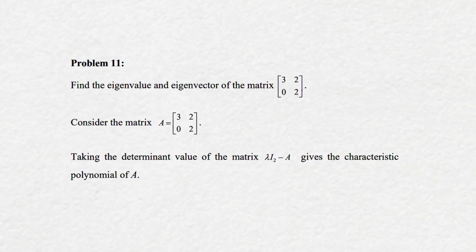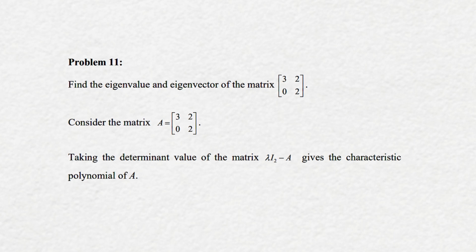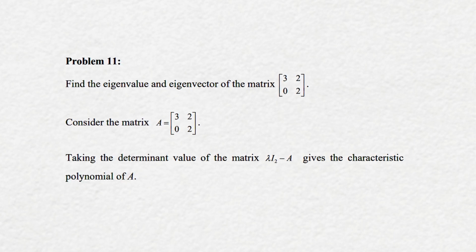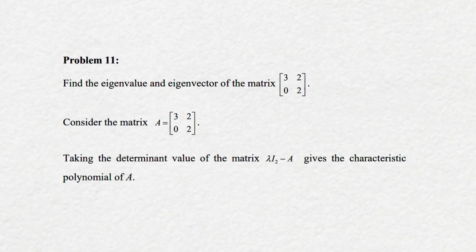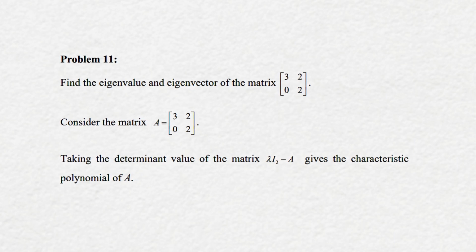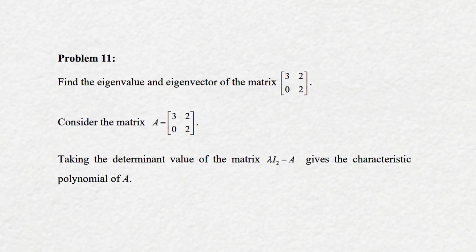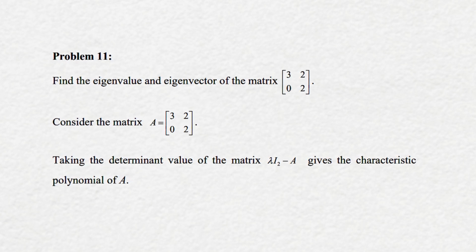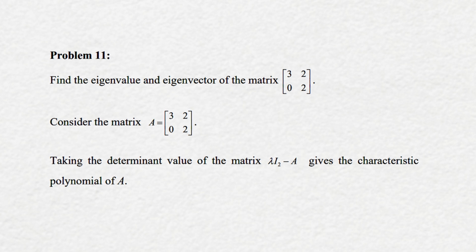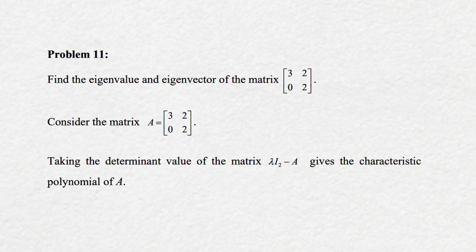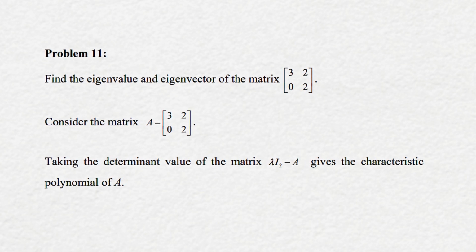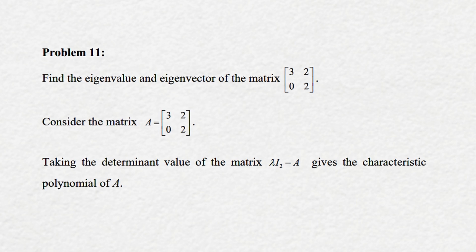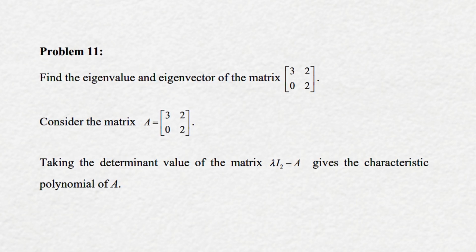Find the eigenvalue and eigenvector of the matrix 3, 2, 0, 2. Here there is a 2 cross 2 matrix, which I have taken as A equal to 3, 2, 0, 2. Taking the determinant, we consider lambda I2 minus A. I2 indicates the identity matrix of a 2 cross 2 matrix. So, it gives the characteristic polynomial.